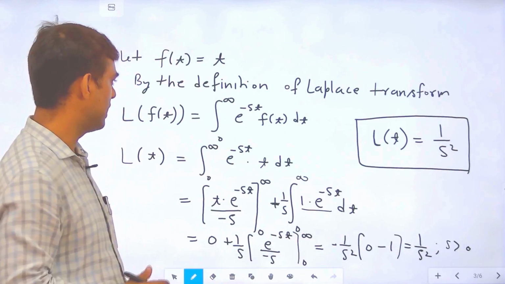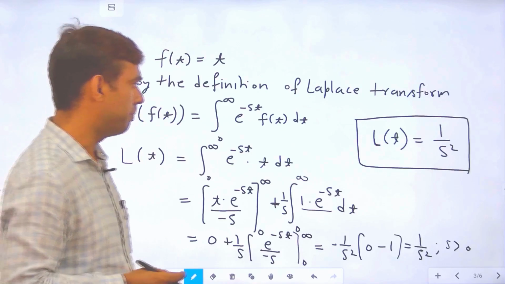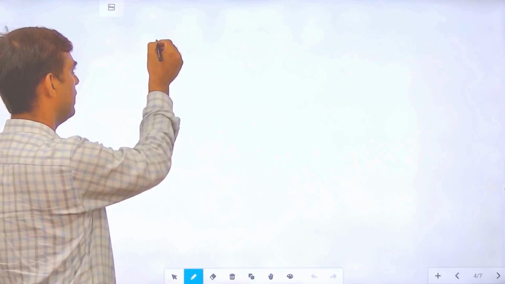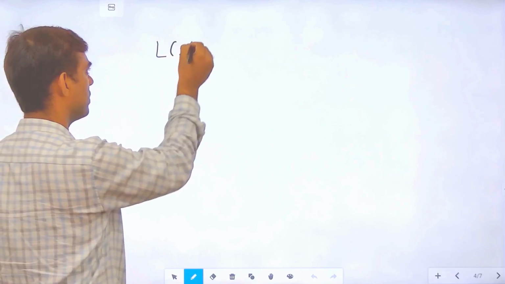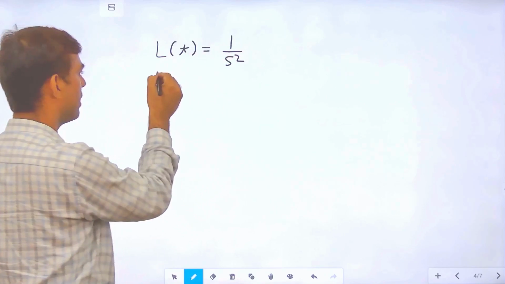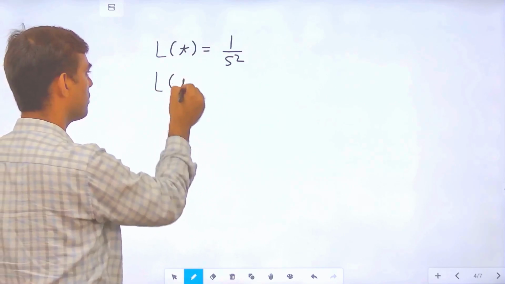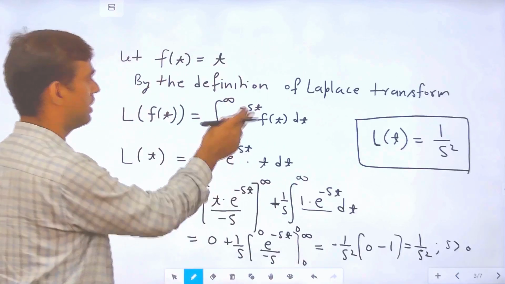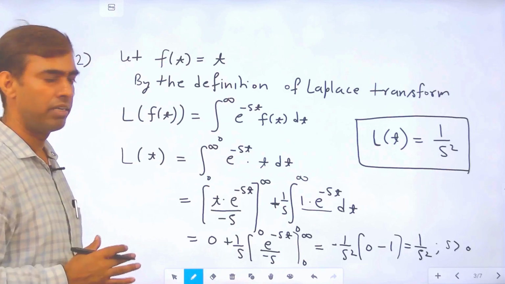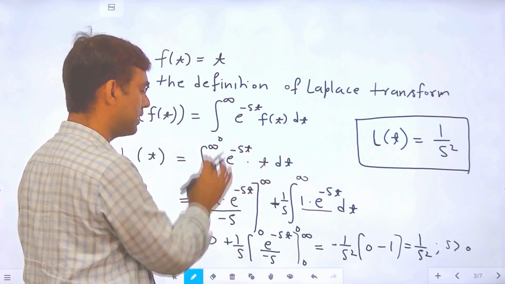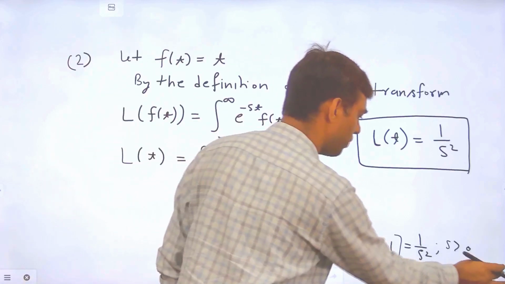In a similar manner, if we find the Laplace transform of t square, in place of t we write t square, and simplify, find the value of the integration and put in the upper and lower limits.